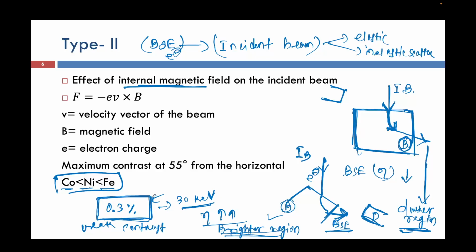And to get maximum contrast in type 2 magnetic contrast, the specimen should be tilted to 55 degrees from the horizontal. So this is another kind of special contrast mechanism, but it is one of the weakest mechanisms, be it electric field contrast or magnetic field contrast, right?